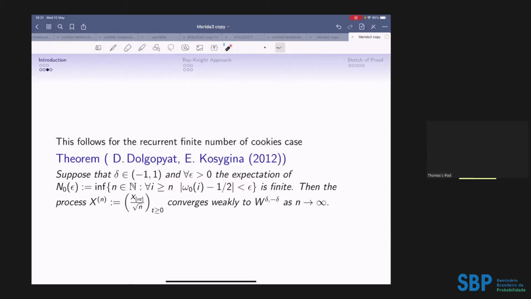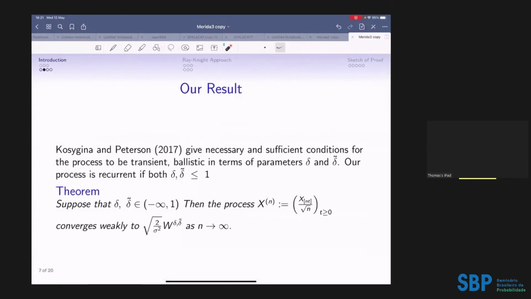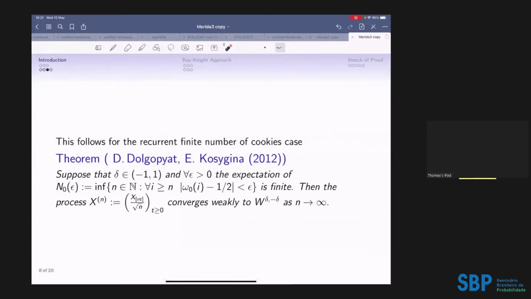And they said their delta is the delta originally defined, the sum of the total biases. And they said if delta is between -1 and 1, then, well, we knew that the process was recurrent, but the process does converge to a Brownian motion perturbed at extrema. And this is a natural result.